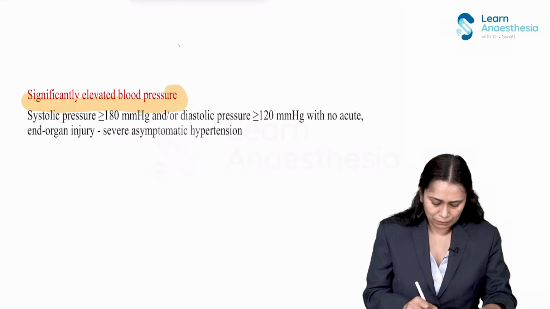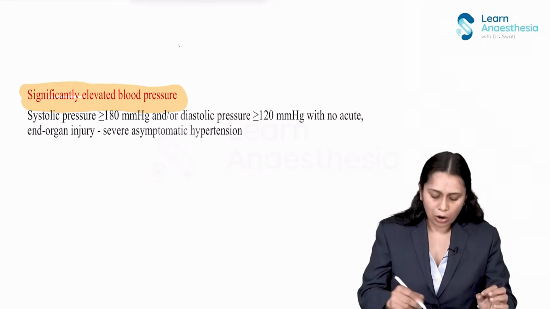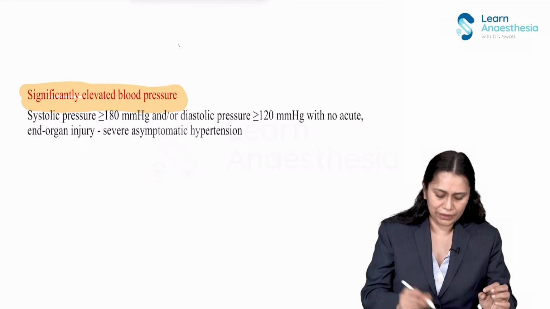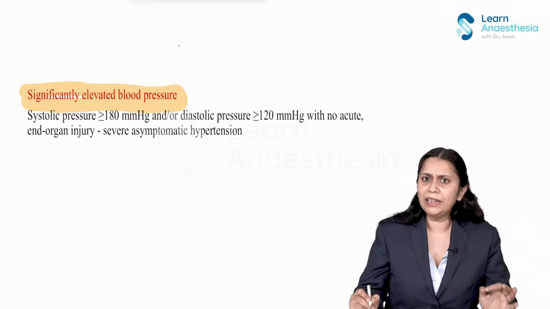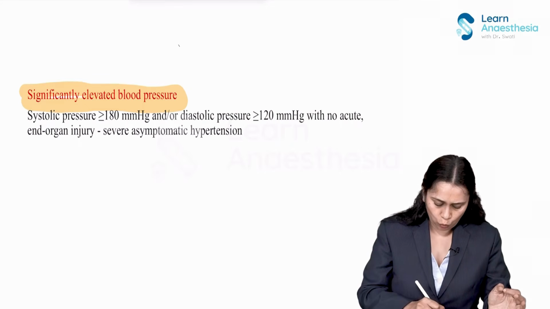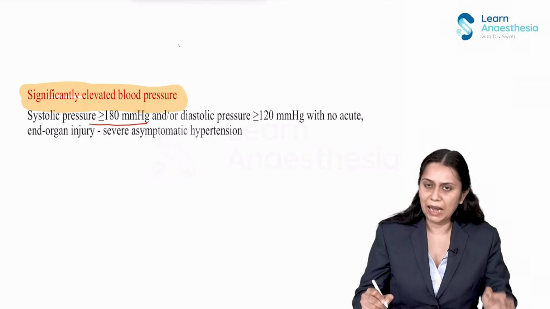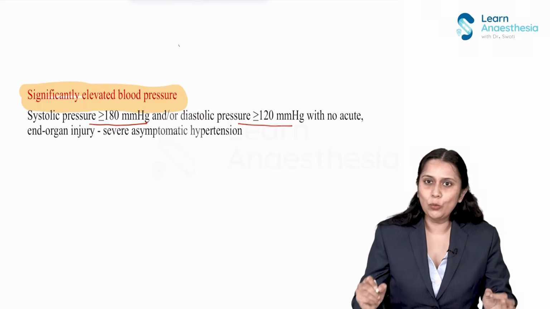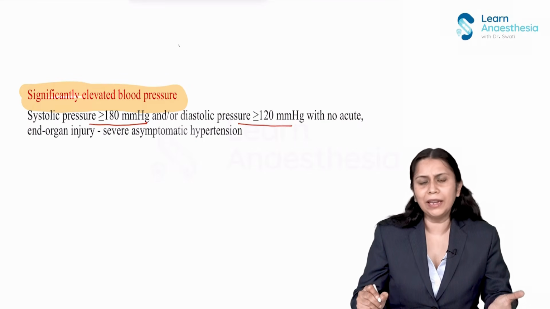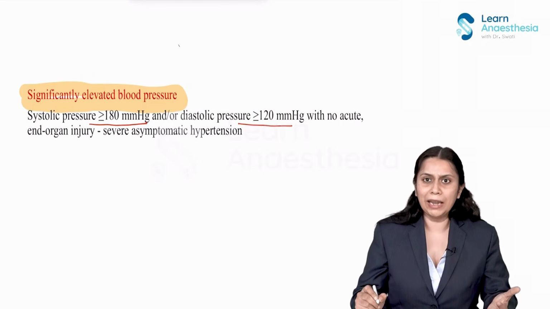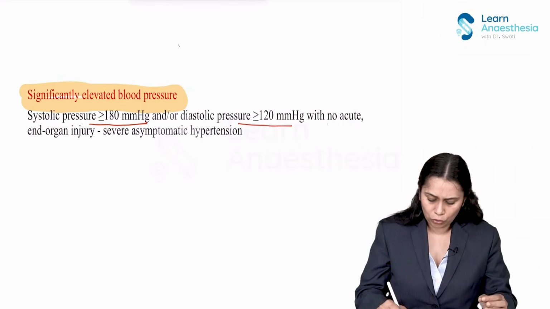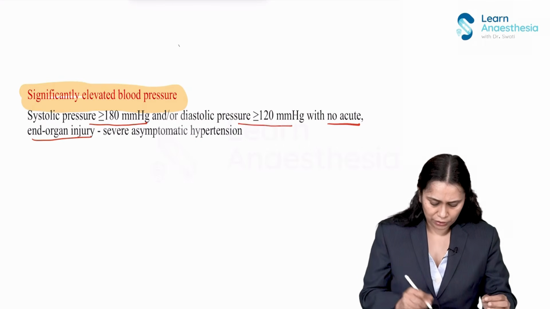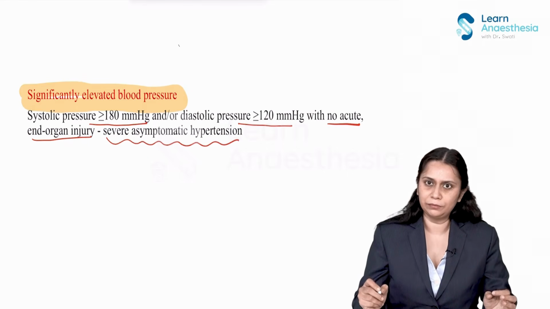How do we define significantly elevated blood pressure? It is systolic blood pressure above 180 mm of Hg, diastolic above 120 mm of Hg with no evidence of any acute end organ injury. This is called severe asymptomatic hypertension, right?